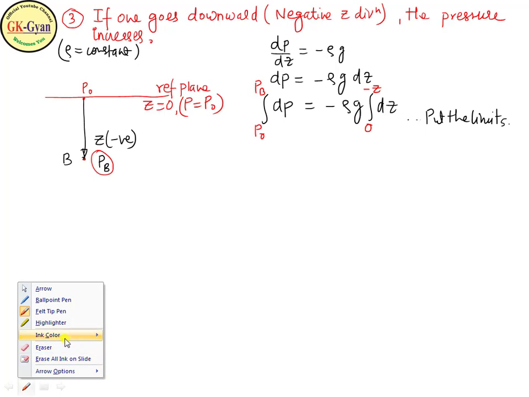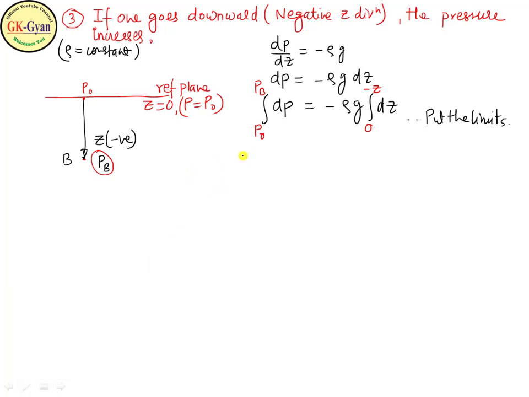So what is the integral? The integral of dP will be P, so it will be Pb minus P0 directly. Now minus rho g is a constant, multiplied by minus z minus 0.